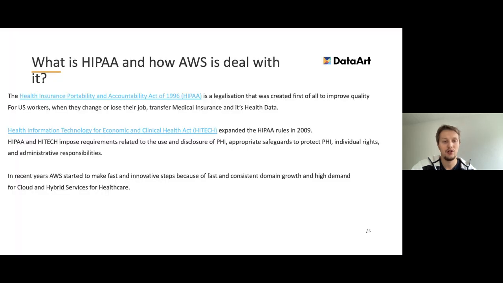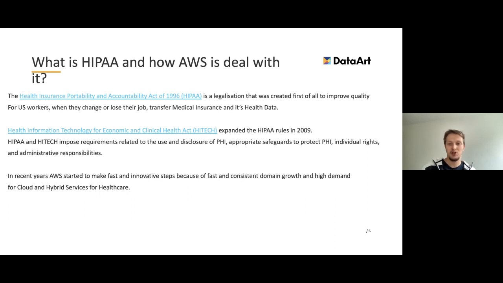So, to general information: what is HIPAA and how does AWS deal with it? The Health Insurance Portability and Accountability Act of 1996, the full name of HIPAA, is legislation that was created, first of all, to improve quality of life for US workers when they lose their job.